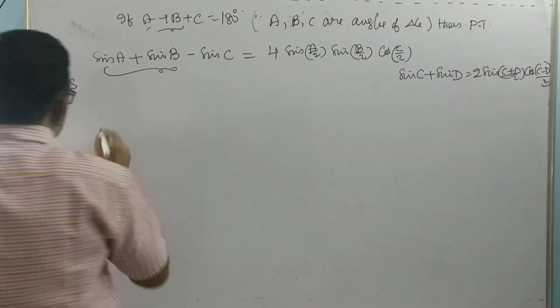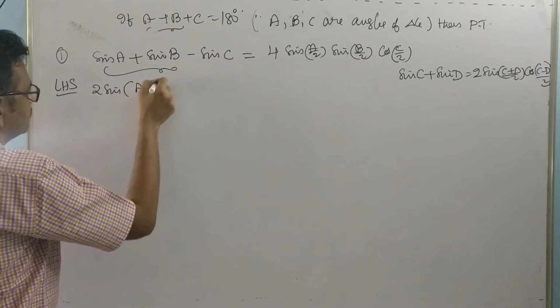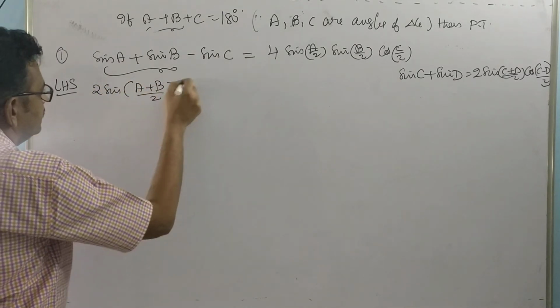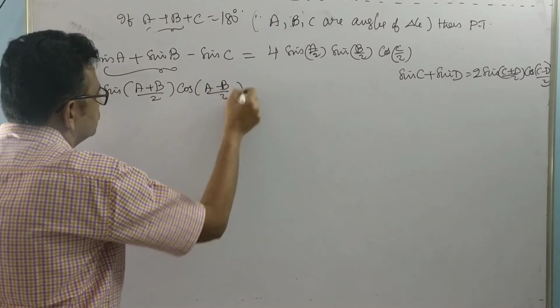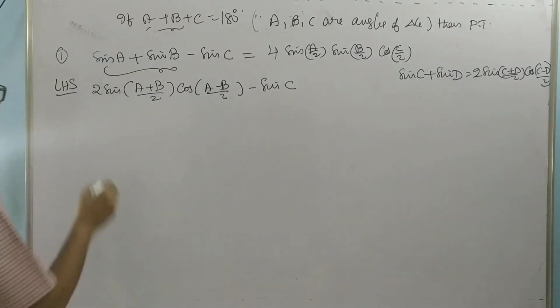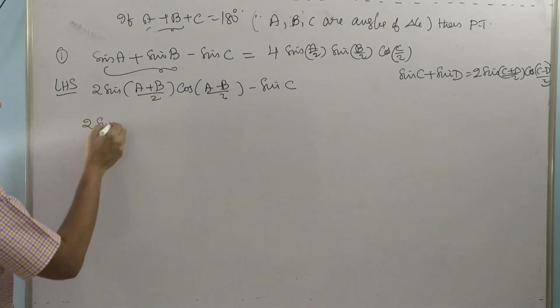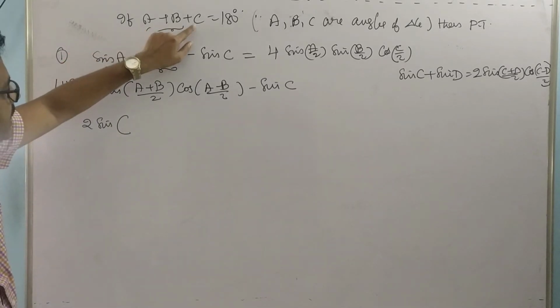So by using the formula, 2 sin A plus B by 2 into cos A minus B by 2 minus sin C. So this is 2 sin A plus B by 2. A plus B equal to what? 180 minus C.